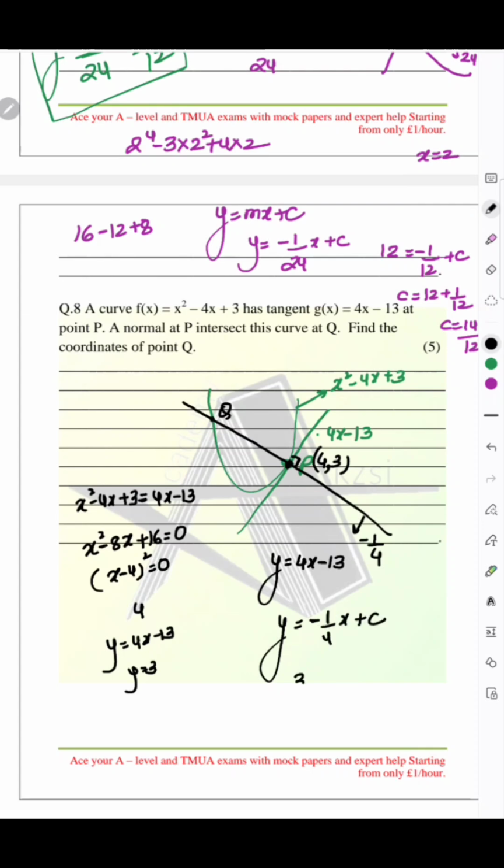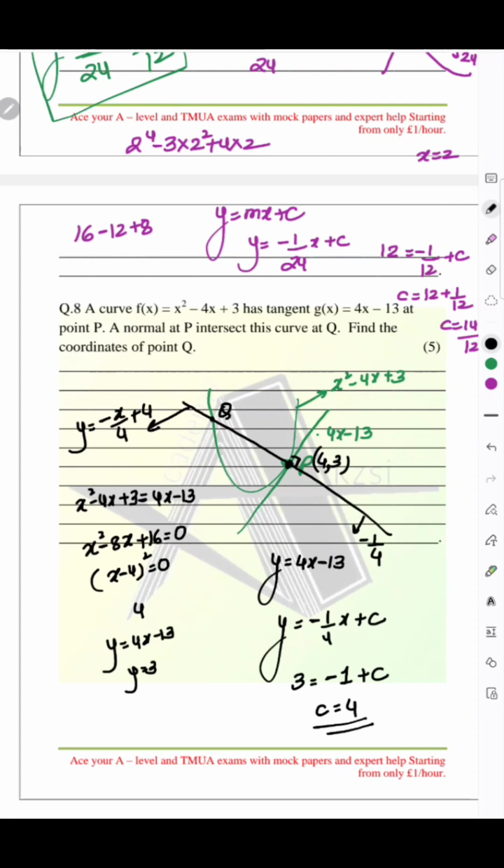Since y is 3 whereas x is 4, c is 4. Finally, we got the equation of the normal as y is equal to negative x over 4 plus 4. That's the equation of the normal.